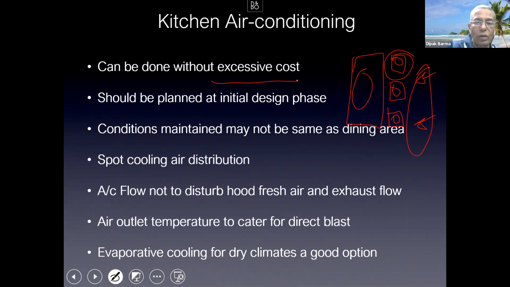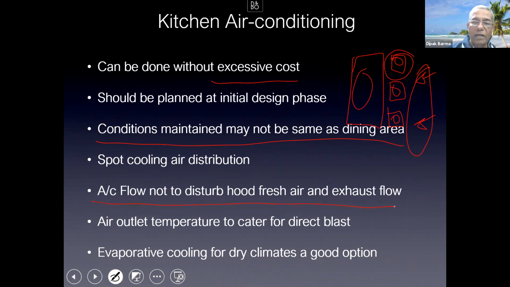Conditions, of course, are not going to be the same as you're maintaining in the dining area, but yes, somewhat comfortable for the people working. And this, of course, is an area which I spoke about. The flow should be such that it does not disturb the good fresh air and exhaust flow.